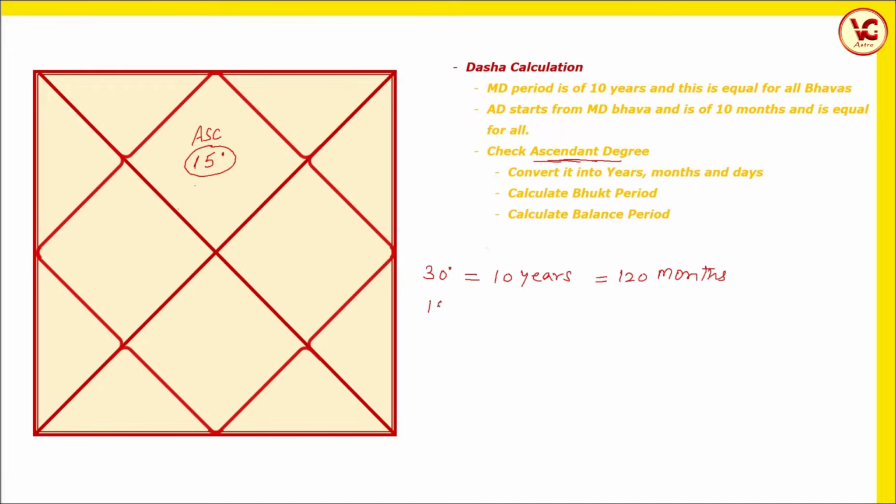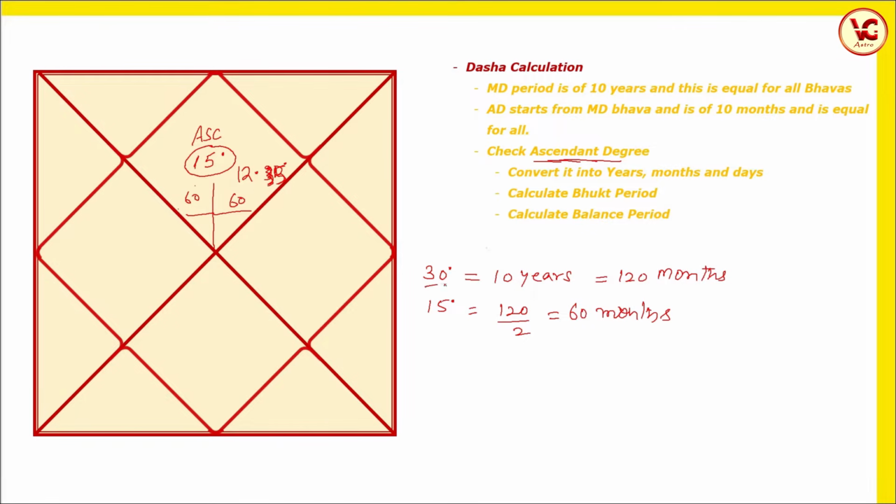So if the ascendant is at 15 degree, then it will be 120 divided by 2, 60 months. It means the Jatak has already bhukt these 60 months and the balance is 60 months, right? I am talking about the full degree I have taken. If the Jatak was born at 12 degree and 35 minutes, how are we going to calculate?